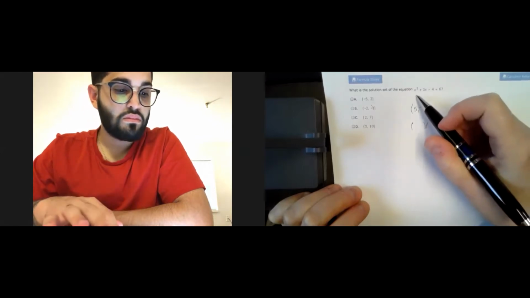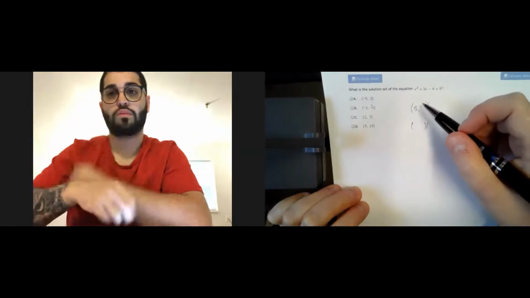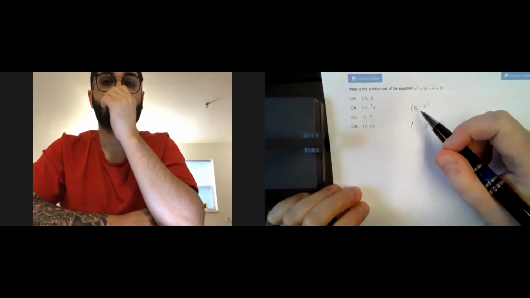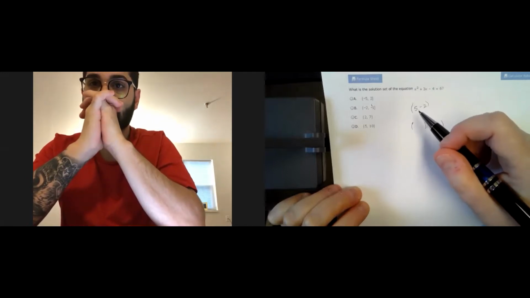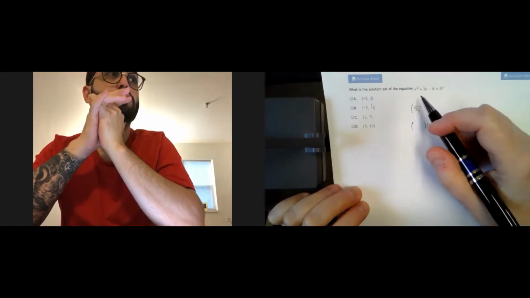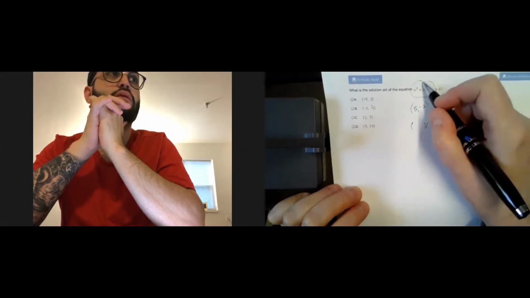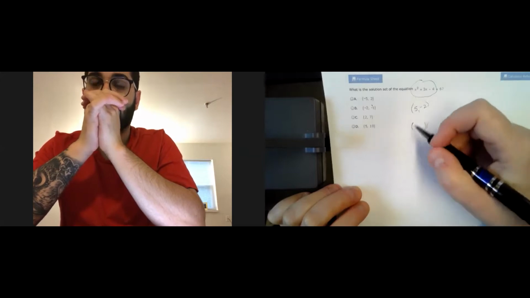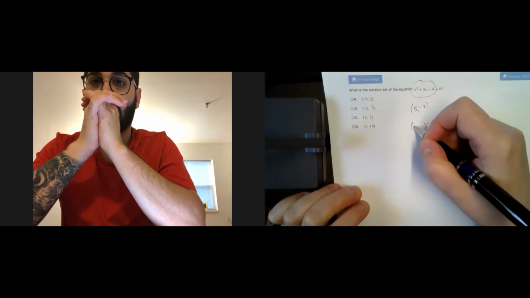So you're breaking down x squared plus 3x minus 4 equals 6. You're actually breaking down this part of the equation. And so you turn it into the set of bracket numbers.